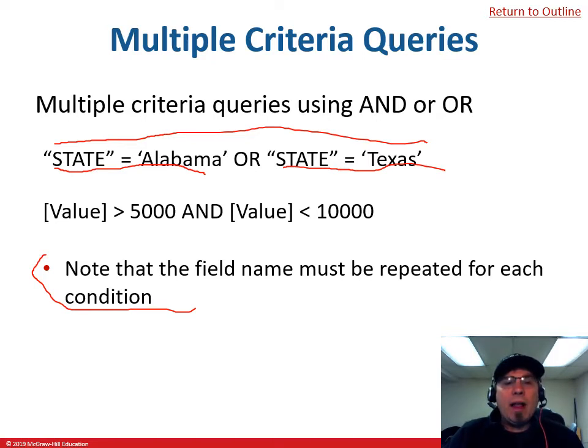And over here we have value is greater than 5,000 and value is less than 10,000. We'll get into and/or in a second, but for multiple criteria, just remember you have to have the criteria both times, both conditions.